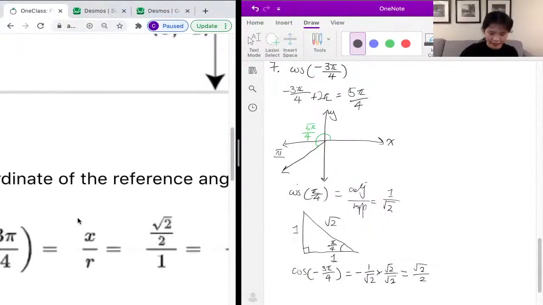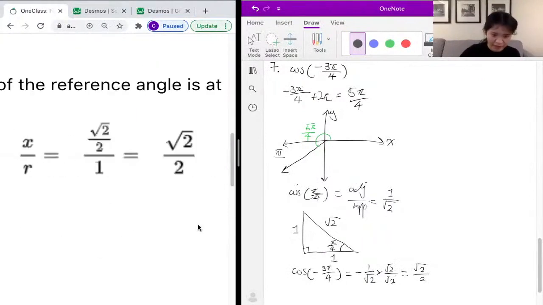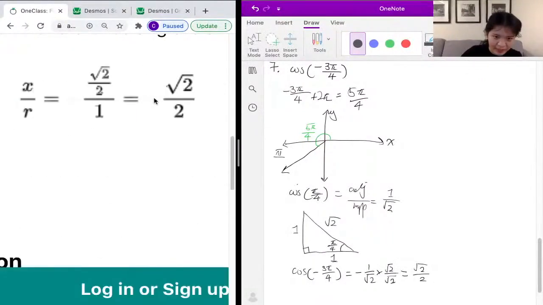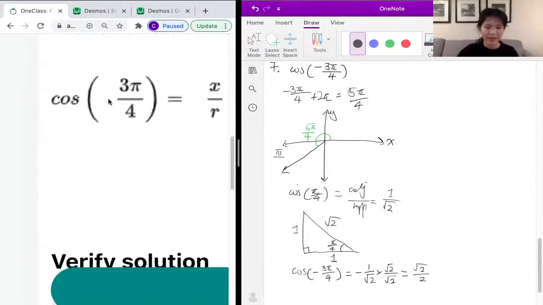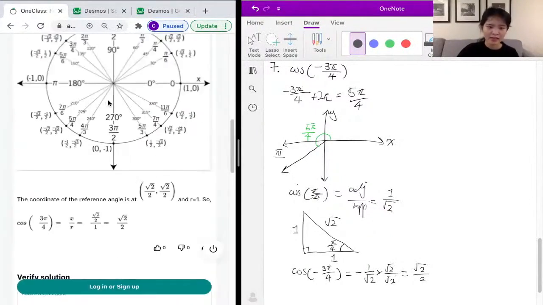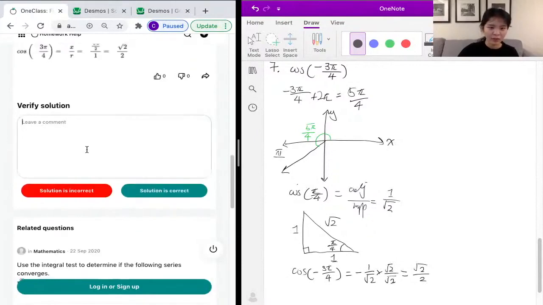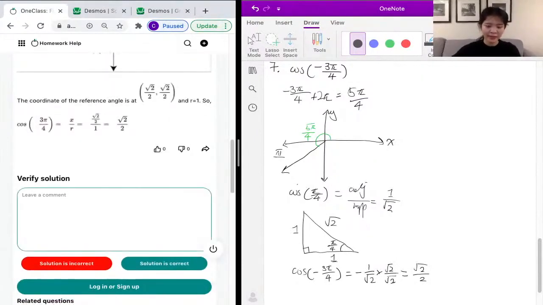Actually, I think it's just a problem with the images, because if you zoom in, you can see a negative sign over here, and you can see a negative sign over here for the angles as well. I'll just leave this problem as incorrect, although it's correct, and tell them in the comments that they should change the color of the negative sign, because it's really confusing in my opinion.